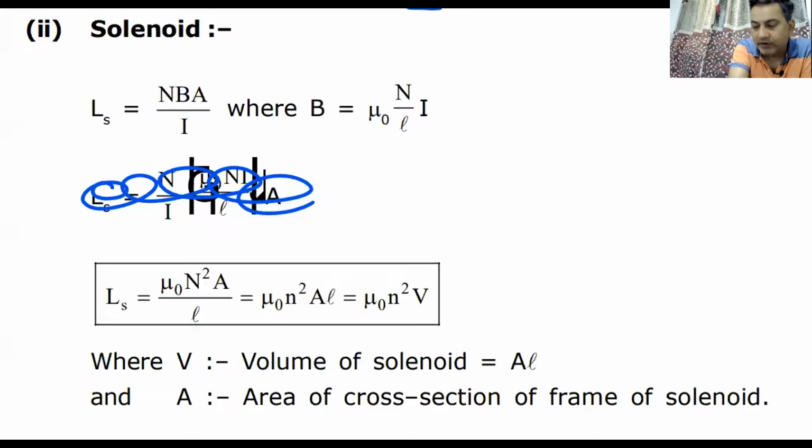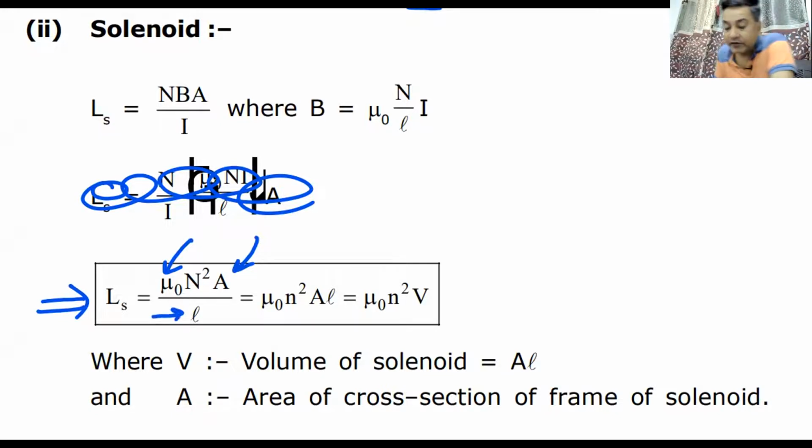That was the self-inductance of a plain coil. What happens with a solenoid? That is the next thing you have to understand. For a solenoid, the self-inductance is given by a similar formula: mu naught N square A divided by L, where A is the cross-sectional area of the solenoid and L is the length of the solenoid.